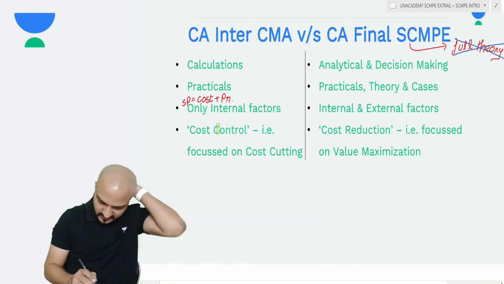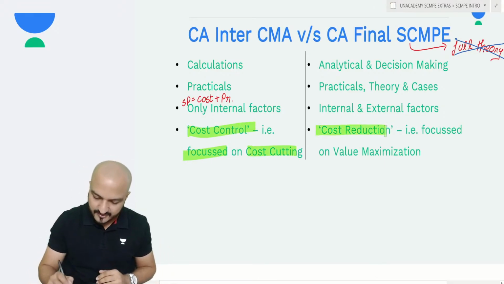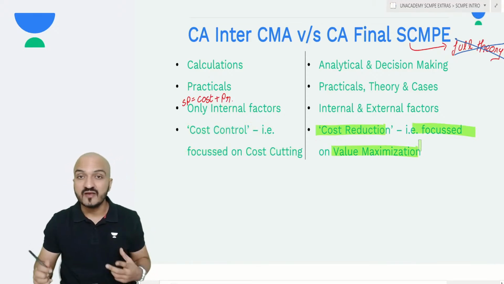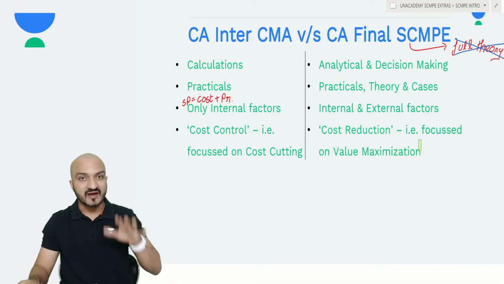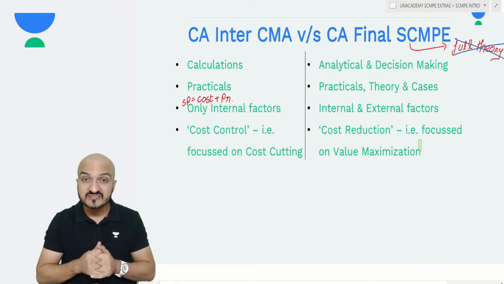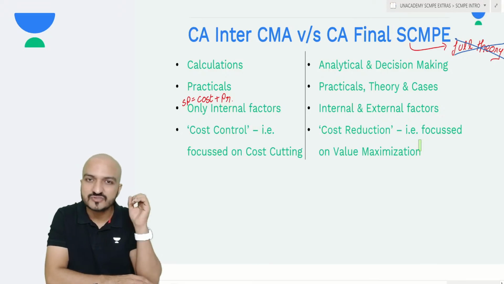So cost control is focusing on cost cutting, to reduce your cost. Cost reduction is focused on value maximization. At final level, my purpose of the subject is not just to cut cost. At final level, my purpose of the subject is to maximize value. Maximize value means maximize value created for the investors.